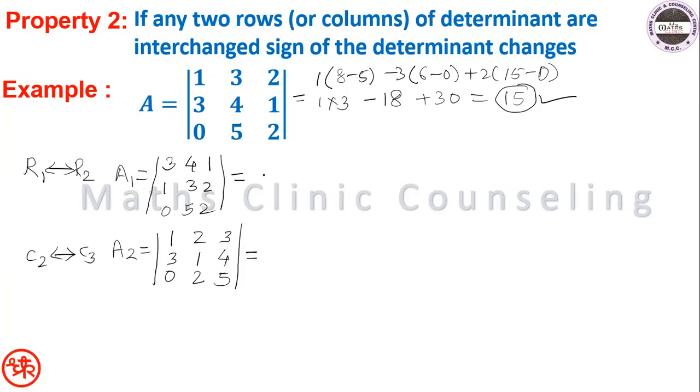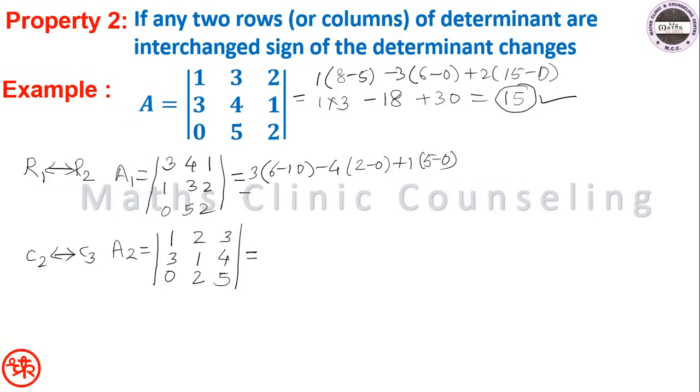So let me check. 3 into (6 minus 10), minus 4 into (2 minus 0), plus 1 into (5 minus 0).